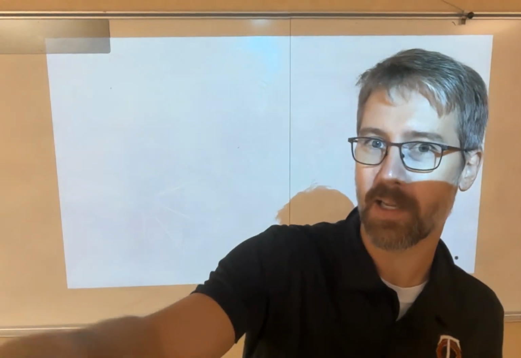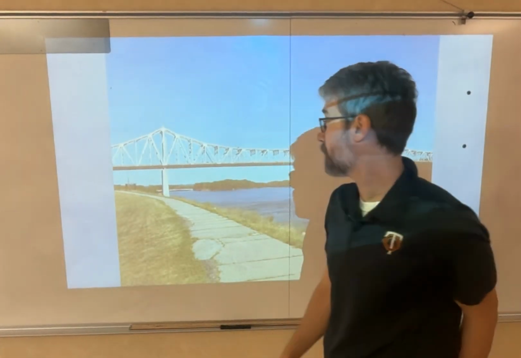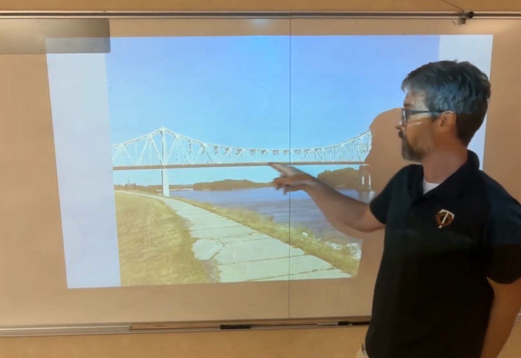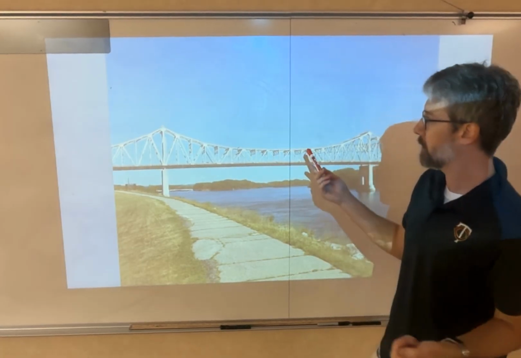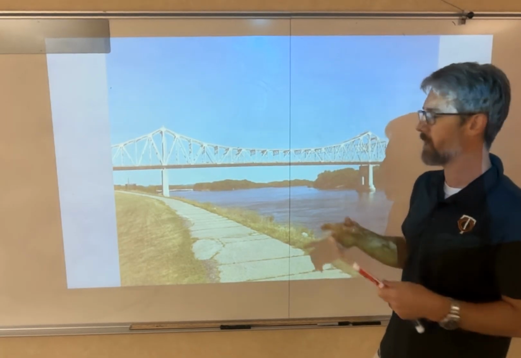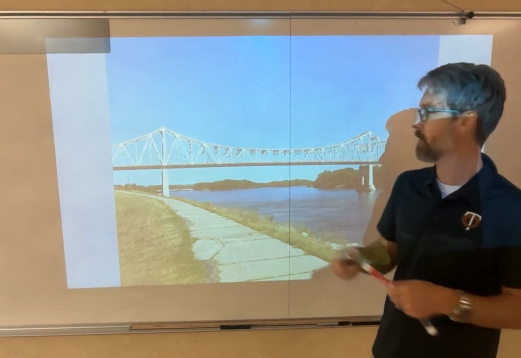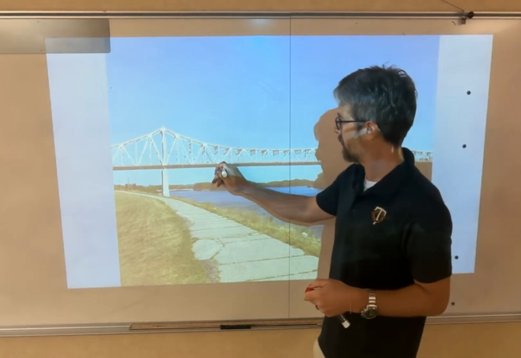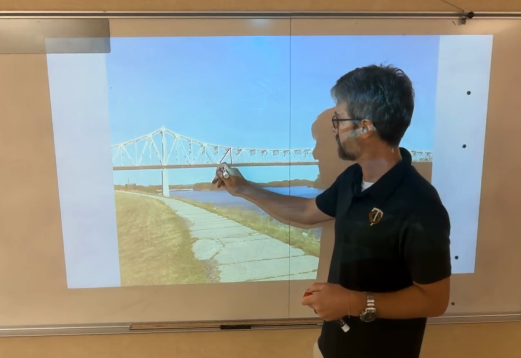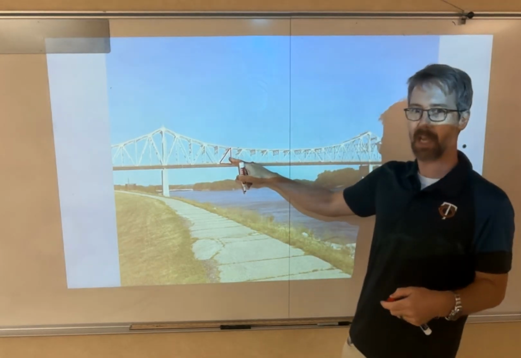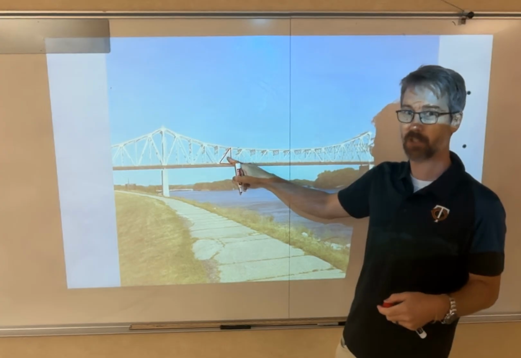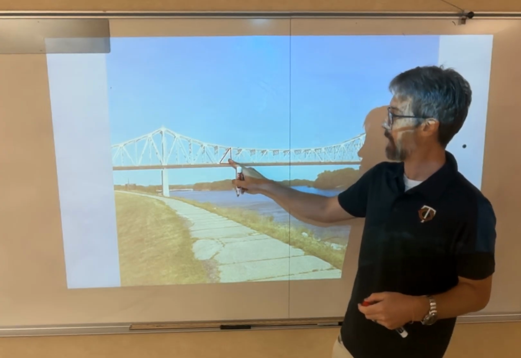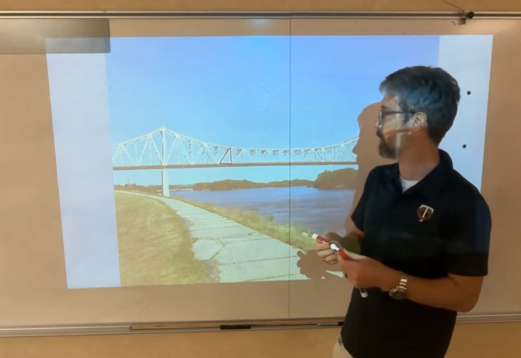This is why in things like bridge framing, right? If you look at these, this is the Winona Bridge in Winona, Minnesota. And if you look at this, steel bridges and a lot of other things in framework, they make a lot of triangles for that exact reason, because the only way I can change the shape of that triangle is if I break the actual beam or I break one of the connecting points.